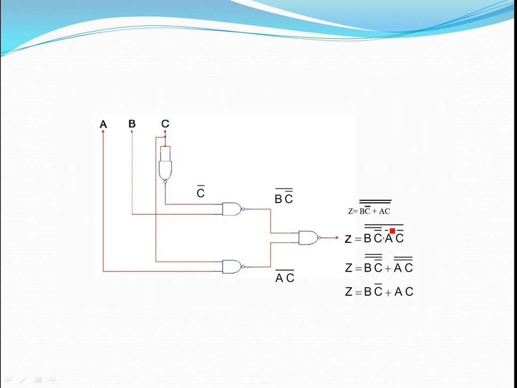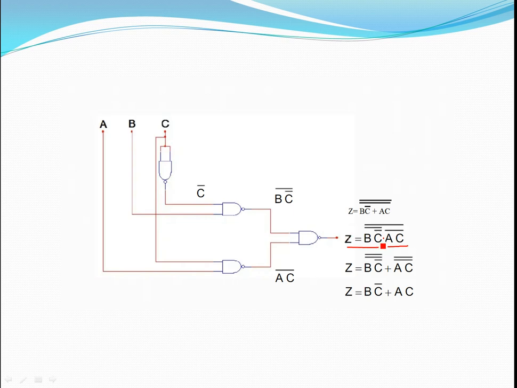Now if you consider this expression, it is in the NAND form. So NAND form is nothing but BC bar whole bar dot AC whole bar. It is in the NAND form, so you can easily design using NAND gates.